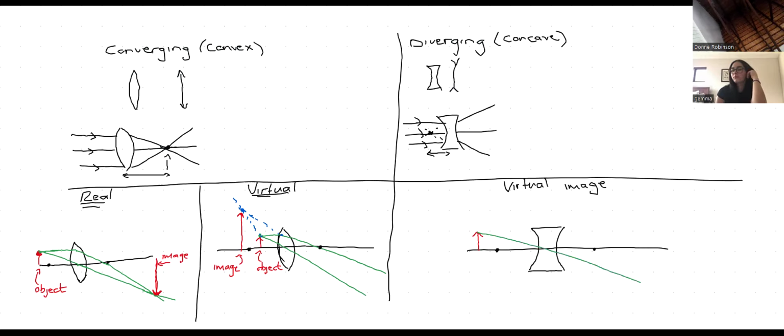Then we are going to draw a line straight from the top of our object all the way to our lens. Now with a diverging lens, we know that they're going to diverge into different directions. So we are going to make little dotted lines from our focal point all the way up so it meets our second one. So all the way this way.